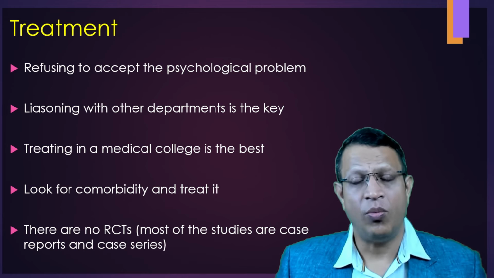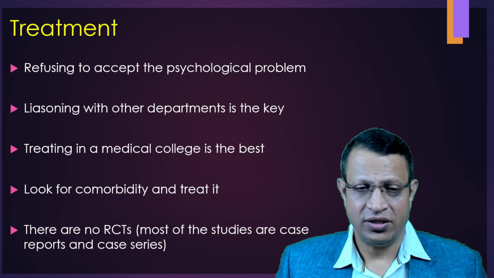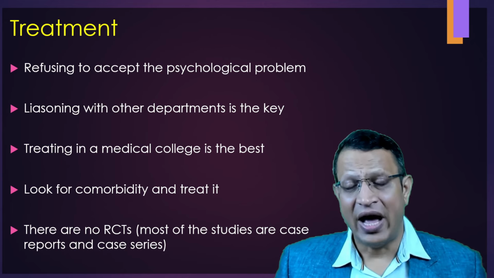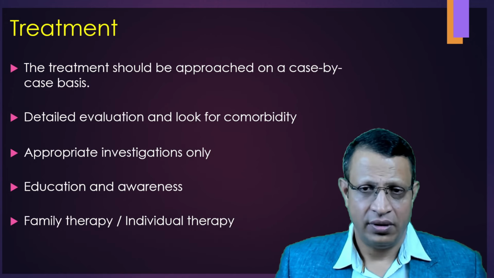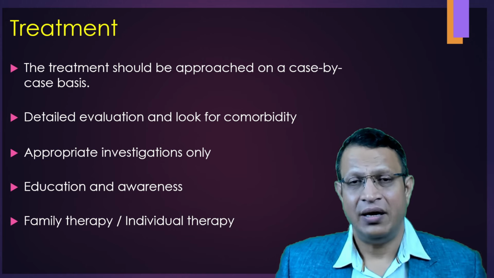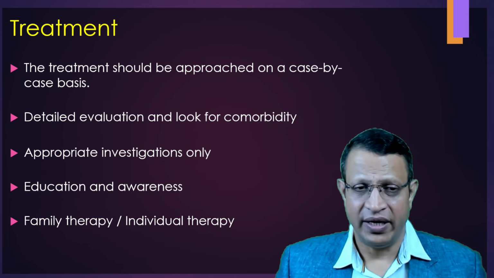One needs to look for the comorbidity and treat them aggressively. Since there are no RCTs with regard to treatment, course and outcome, prognosis, we need to actively invest in research of Munchausen syndrome. The treatment should be tailored based upon the presentation, and on a case by case basis you need to plan the treatment.